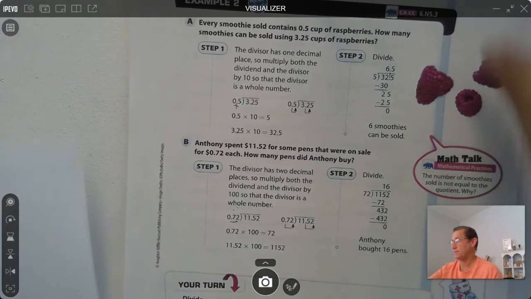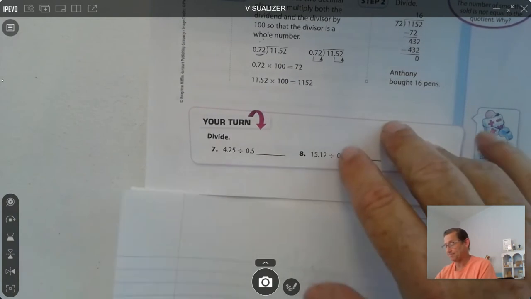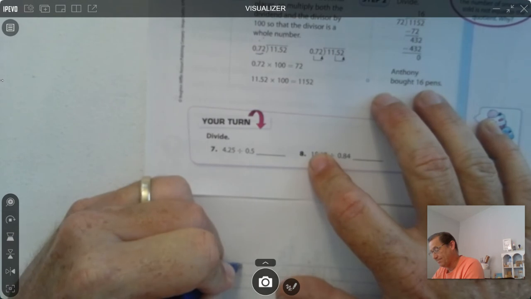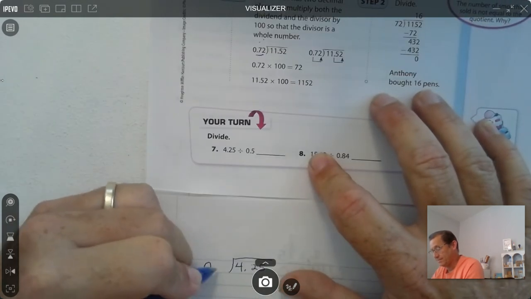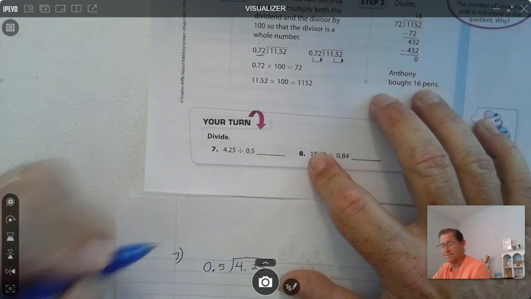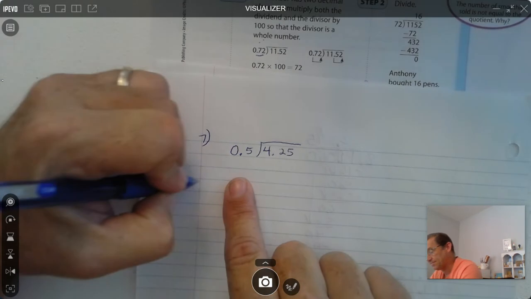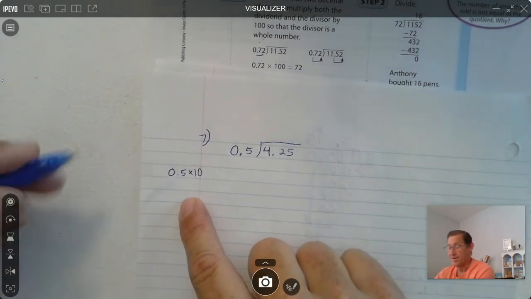So now let's try it. Okay. So number 7. The number in front of the division sign is the dividend. So we have 4 and 25 hundredths divided by 5 tenths. We want to multiply the 5 tenths by 10 to make it into a whole number.